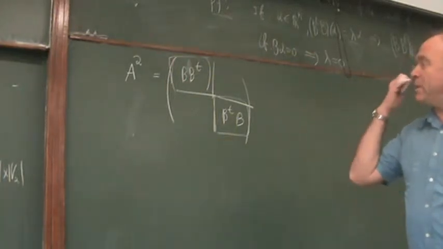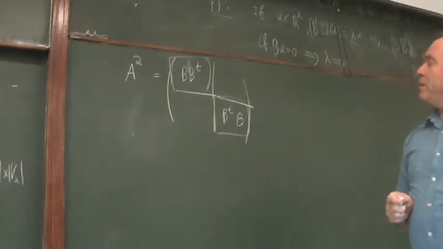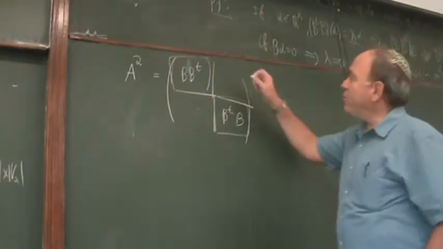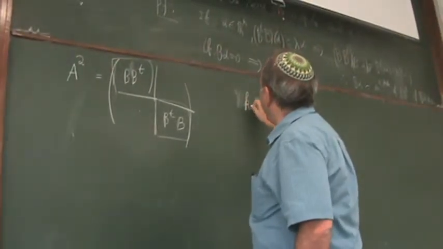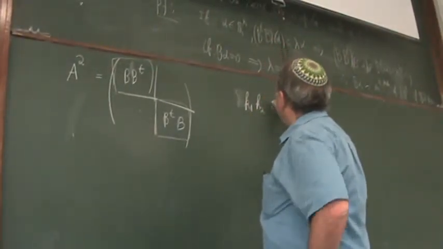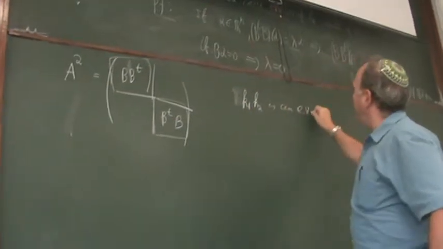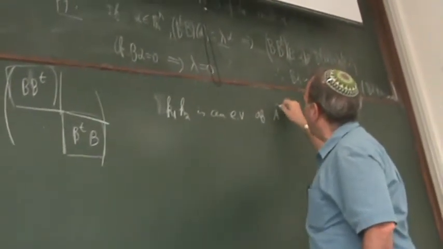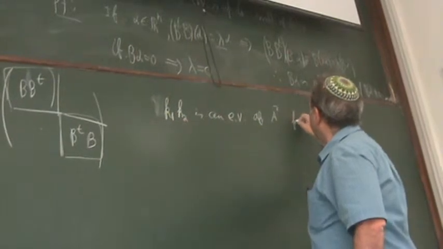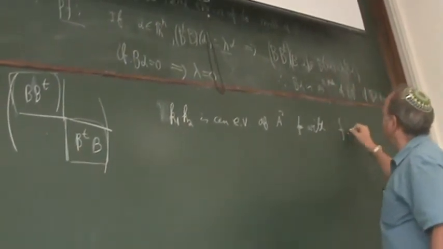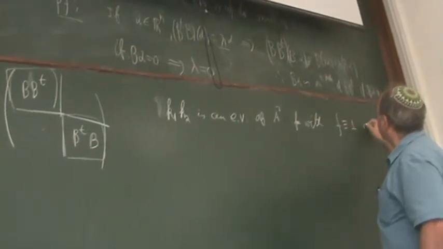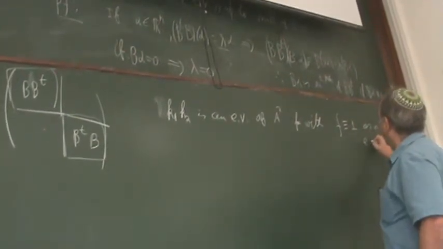But let's look at our largest eigenvalue first. So what is the largest eigenvalue? I claim that k1 times k2 is an eigenvalue of A squared, with the constant function 1 as an eigenvector.